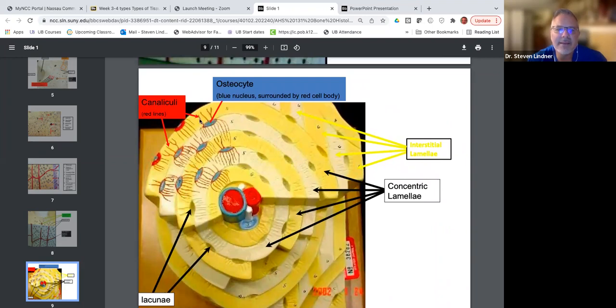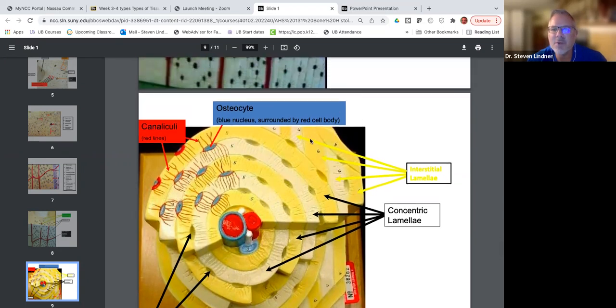If we're looking at the spider-like, jellyfish-like extensions that come off of that, those are tiny canals. Those are called canaliculi. Those are the red lines, the canaliculi. Each of these layers going around is a concentric lamellae.